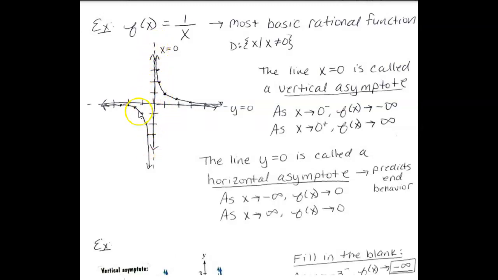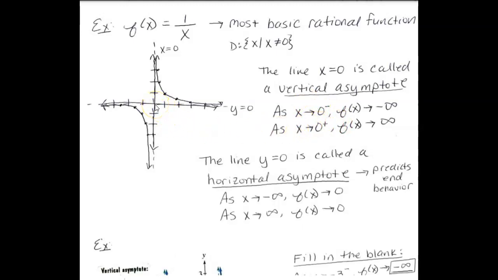I can use numbers on the left and numbers on the right, but I can't use 0. That line, the line x equals 0, is what we're going to call a vertical asymptote, meaning that the graph is going to move close to that line, but it's never going to touch it. We'll talk about what this says here in just a second.